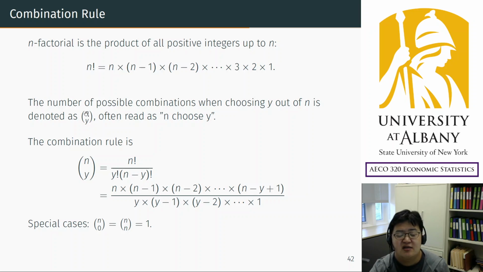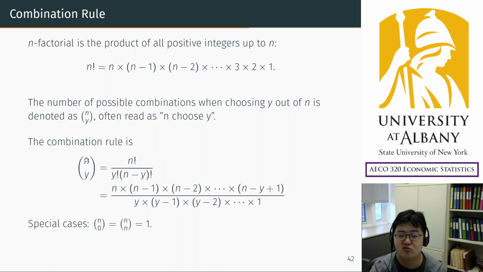The notation can be different depending on the textbooks, but I found that this is the official notation according to the American Mathematics Association. When I was in high school, I used a different notation, but anyhow, this is what we are going to use.